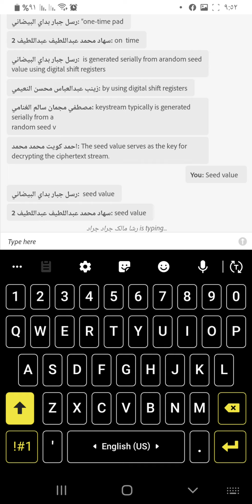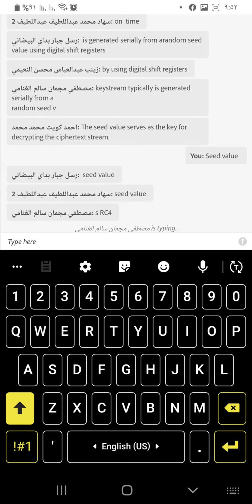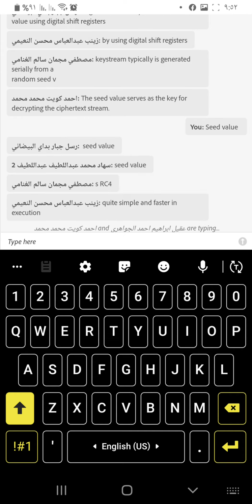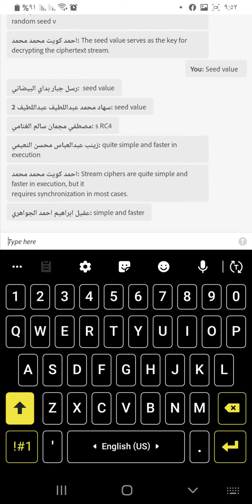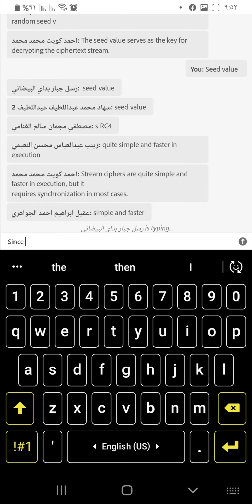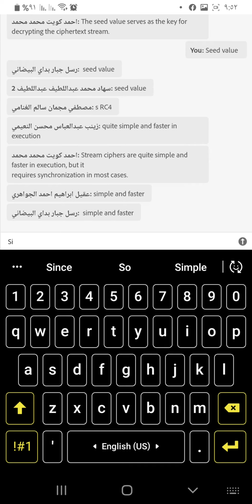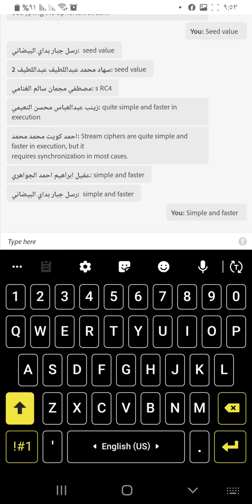what are some advantages of stream ciphers in comparison with block ciphers? Yes, Adil Ibrahim and Russell Jabbar.